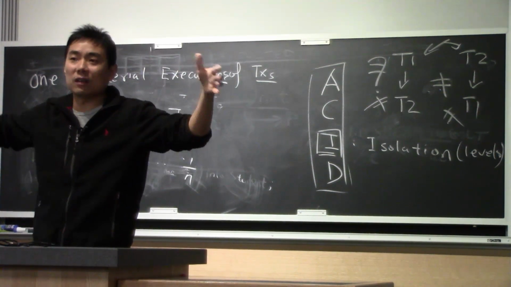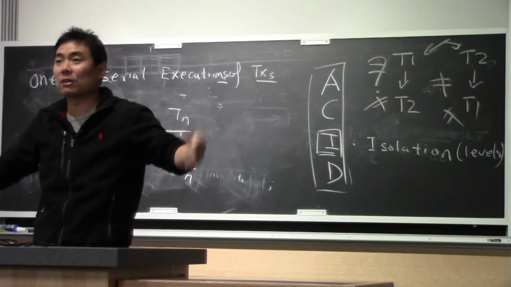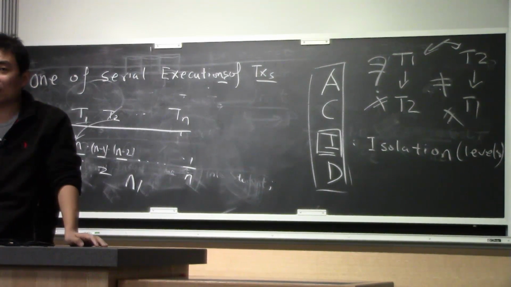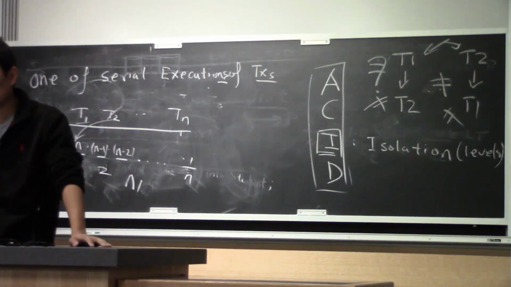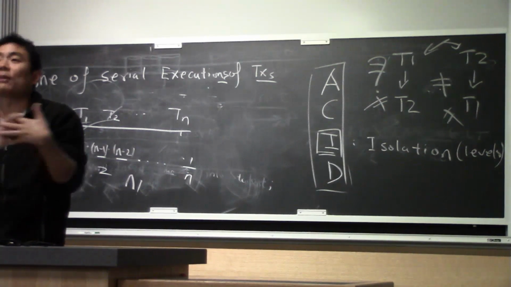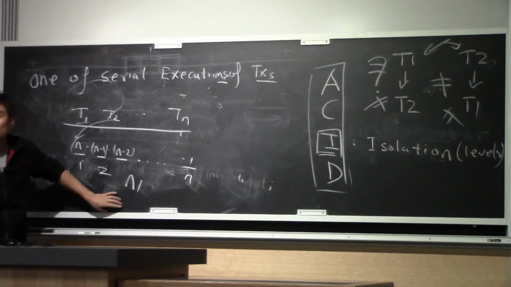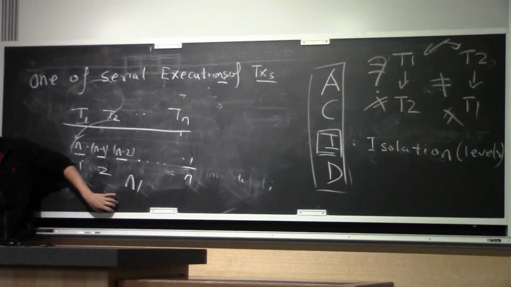You can imagine real transactions with multiple statements, those transactions you do on Expedia.com, on Amazon.com, are way more complicated. The effect, obviously, is not necessarily the same across these n factorial orders. Do you follow me? Yeah?